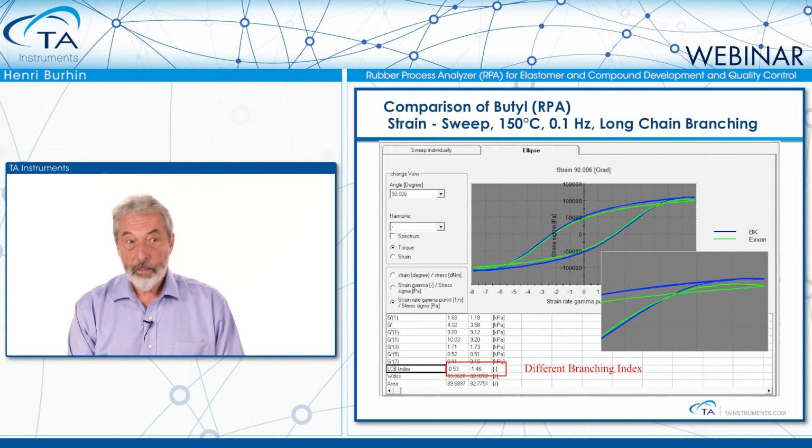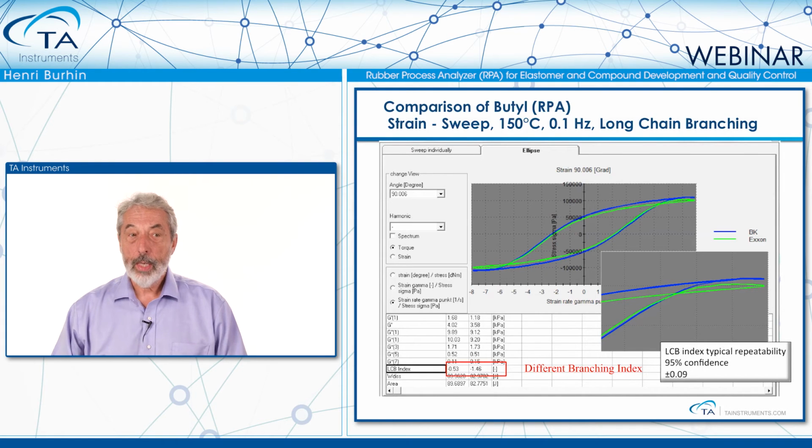The difference may look very small, but it has to be understood that the repeatability of that measurement is really quite high. The LCB index typical repeatability with 95% confidence is plus or minus 0.09. So therefore the difference we can see here between the two polymers is significant.